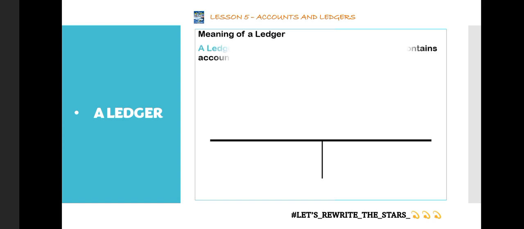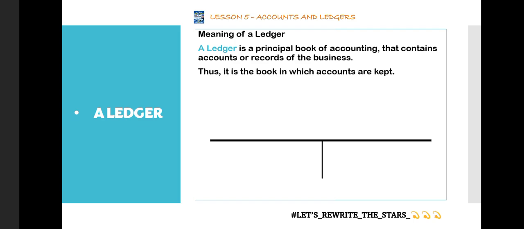What is a ledger? A ledger is a principal book of accounts that contains the accounts or records of the business. Thus, it is the book in which accounts are kept.